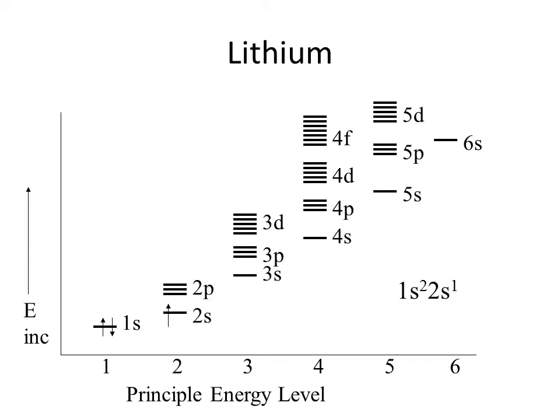Lithium has 3 electrons, so 2 electrons in 1s, 1s2, 1 electron in 2s, 2s1. If I'm reading off this electronic structure, I would say 1s2, 2s1 for the electronic structure of lithium.